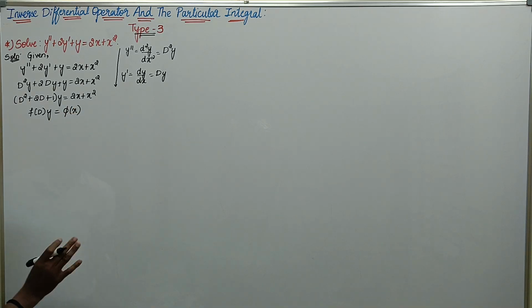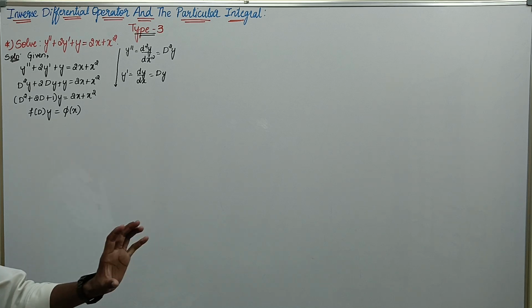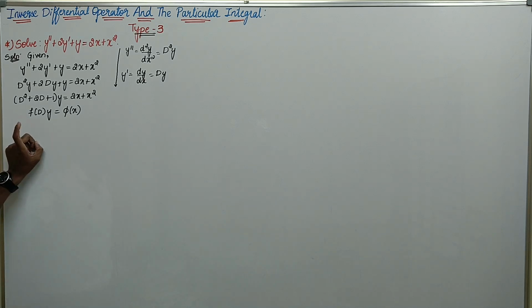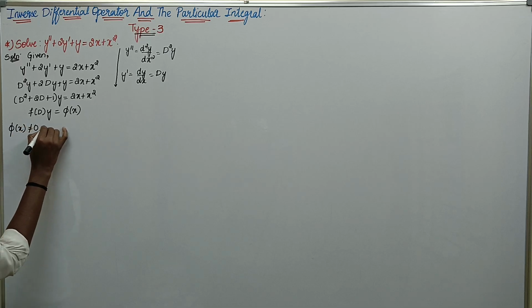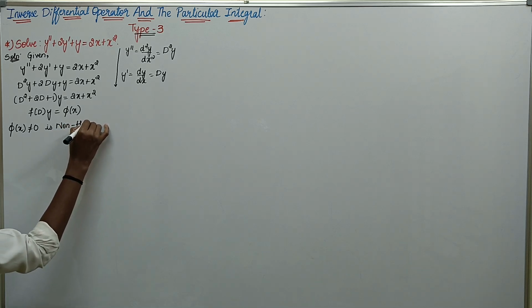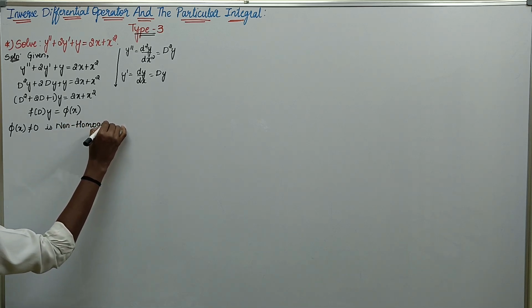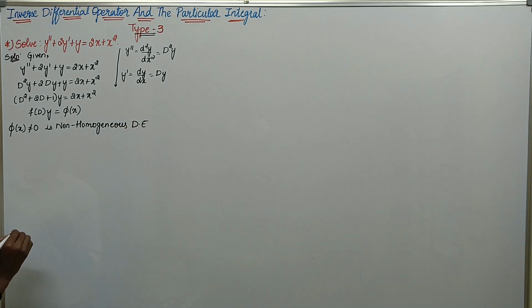What's the point? You are supposed to reduce the given differential equation to this form. Always remember, you are supposed to reduce the given differential equation in this form when it is non-homogeneous. How do we know whether it is homogeneous or non-homogeneous? If phi of x is not equal to 0, then it is a non-homogeneous differential equation.